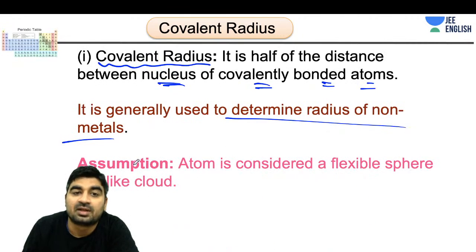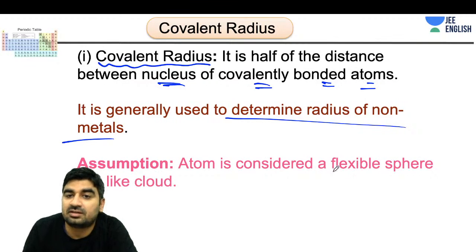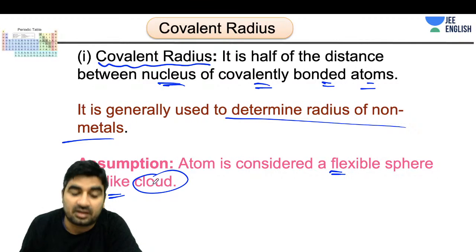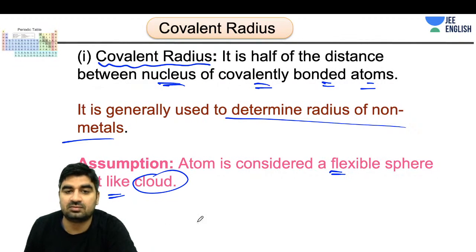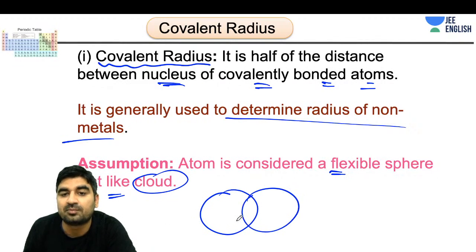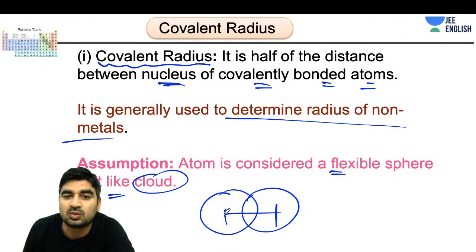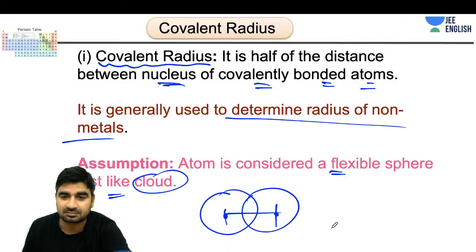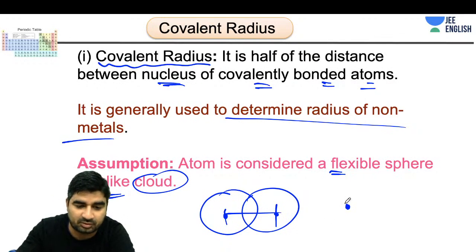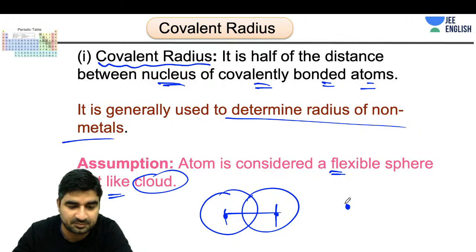Now the atom is considered a flexible sphere, just like a cloud. And what is the covalent radius? Now you know that covalent radius is half of the distance between two covalently bonded nuclei. Right? It is half of the distance between two covalently bonded nuclei.